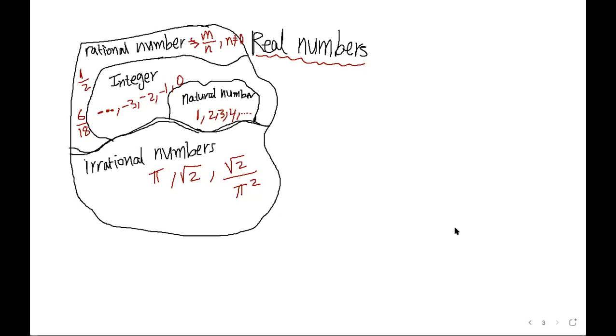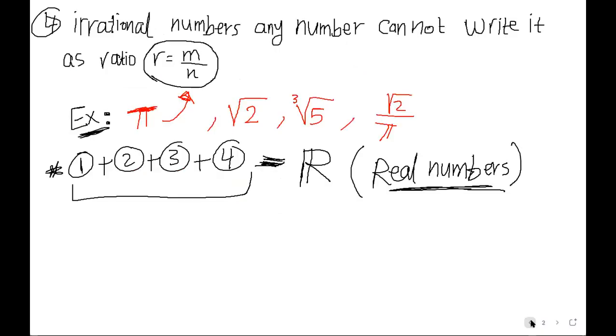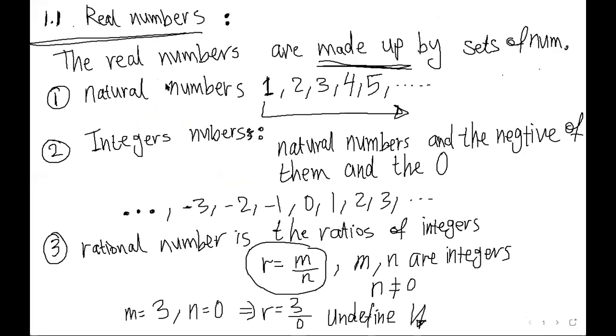Before I go to the properties, let me review what the real numbers, natural numbers, integers, rational numbers, and irrational numbers are. Natural, from 1 to infinity. Integers, 0, and the negatives and the positives.